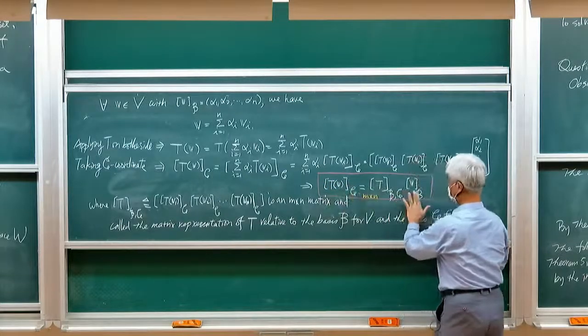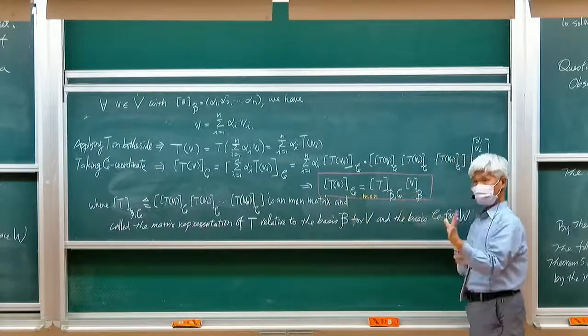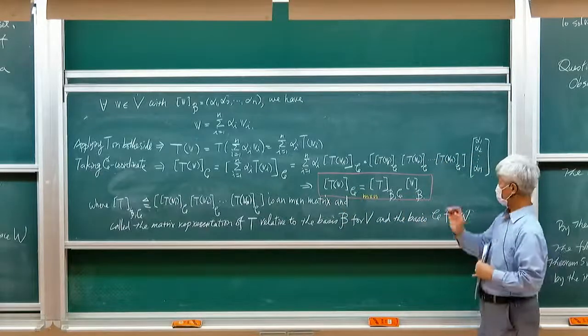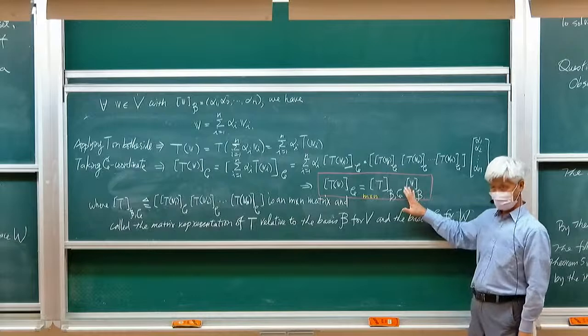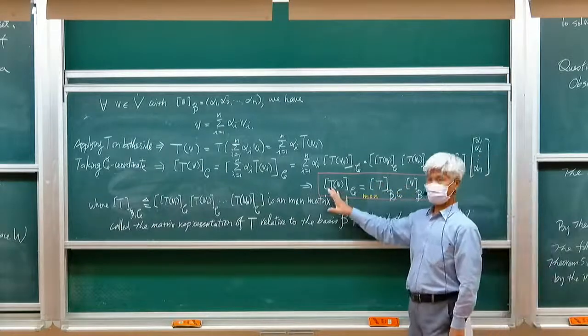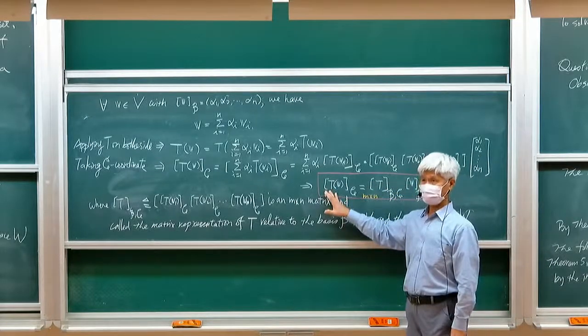So these two coordinate vectors in general have different dimension. This coordinate vector has n dimension. This coordinate vector has m dimension.